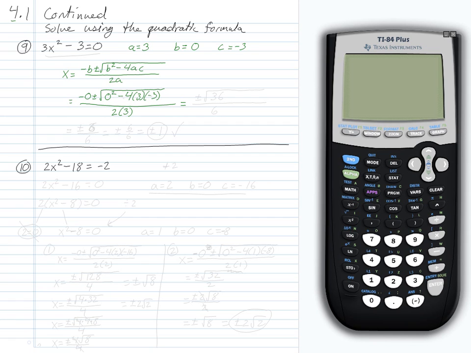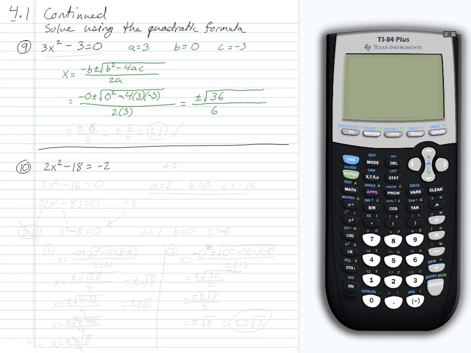Negative 0 isn't doing anything for us, so we can lose that. So plus or minus square root of 0 squared, nothing much there either. Negative 4 times 3 times negative 3 would be negative 4 times negative 9, so positive 36, our negatives cancel there.